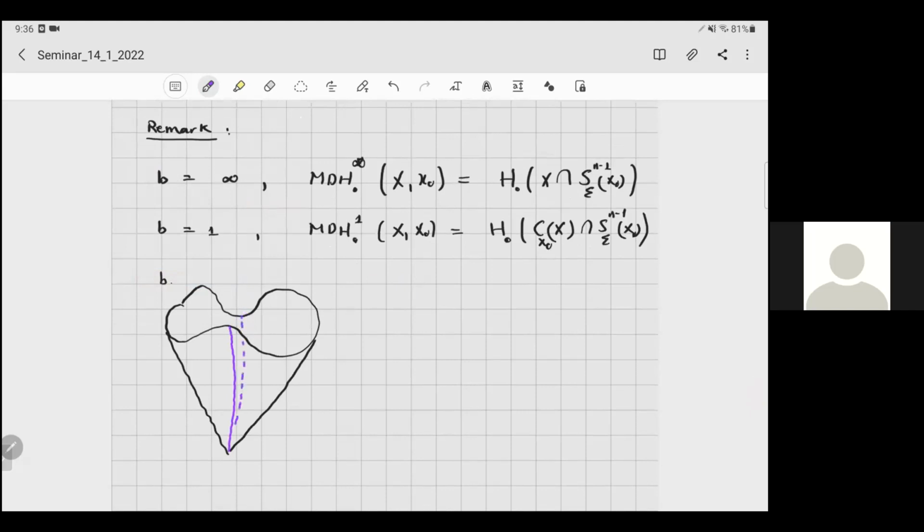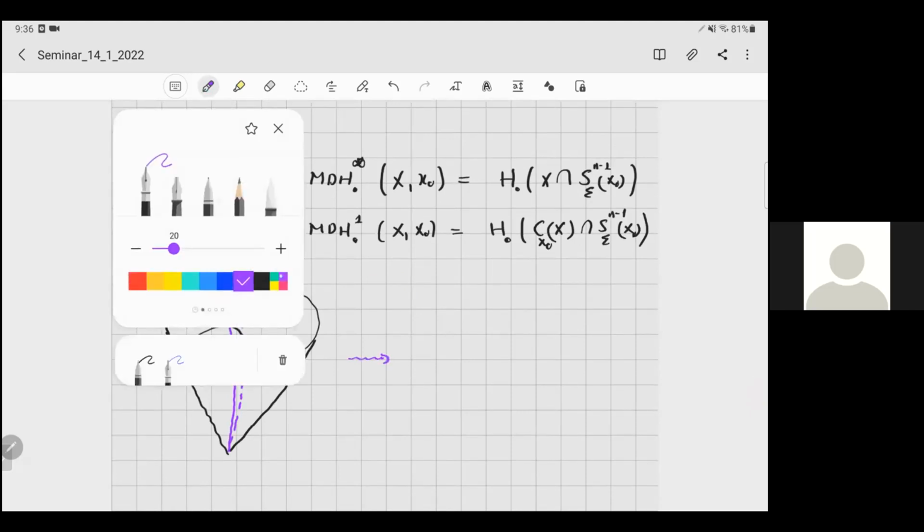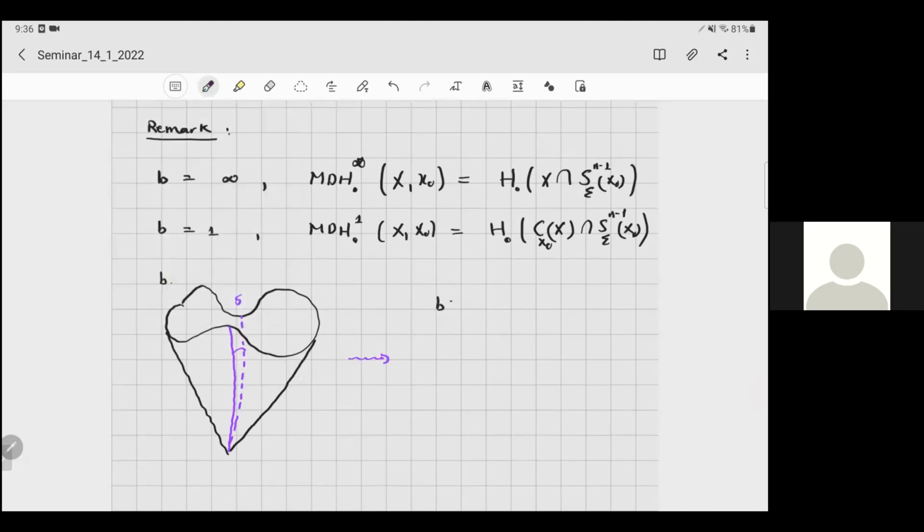For example, this order is 3, 5, for example, and everything else is 1. If I take b bigger than 5, the order is bigger than 5, and the collapsing speed is not enough to change the homology of the link.